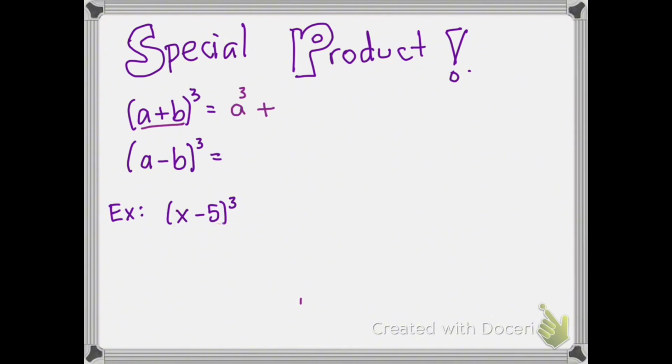Then we're going to add 3 times the first one to the second power and the second one to the first power. And then we're going to add 3 times the first one to the first power and the second one to the second power. Notice how they changed.